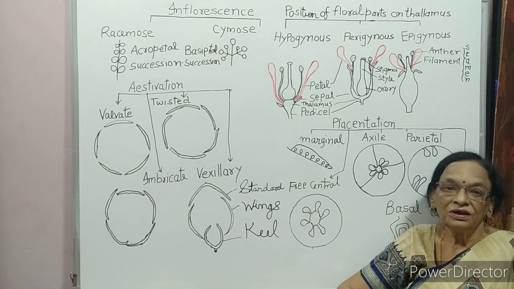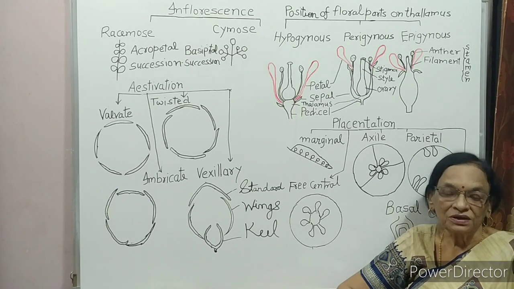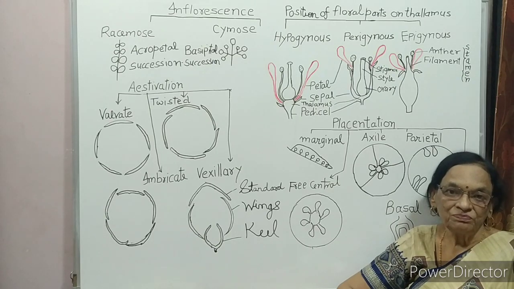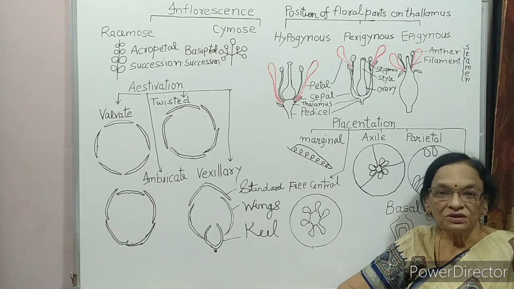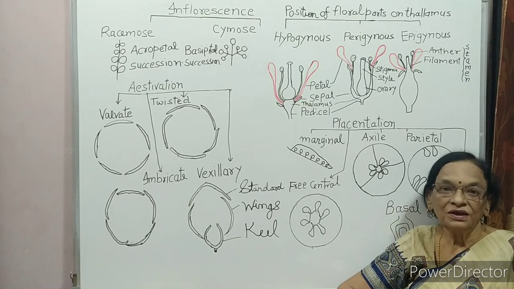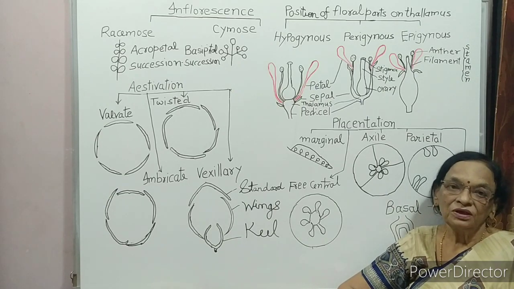Here, the apical cell of the stem becomes meristematic and forms floral meristem. It means at the apex of the shoot, the cells start dividing fast and are converted into the flower.